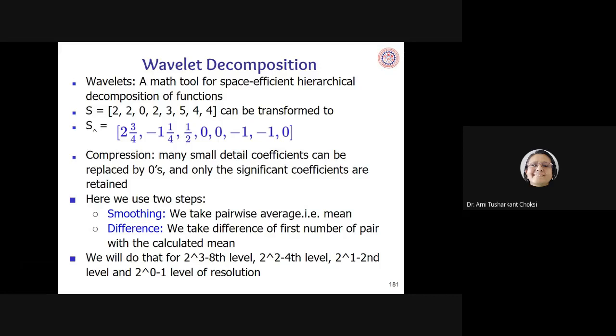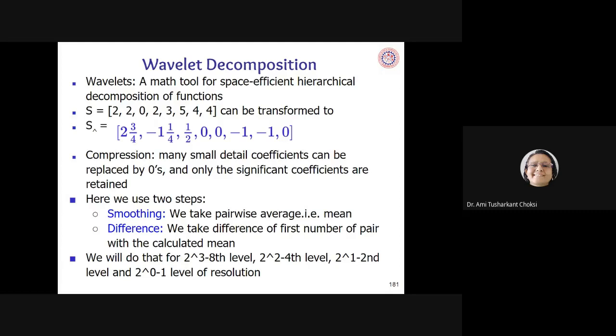Okay. So, compression. Many small detail coefficients can be replaced by 0. Say 0.00000 something, that will be replaced by 0. For compression, many small detail coefficients can be replaced by 0 and only the significant coefficients are retained.